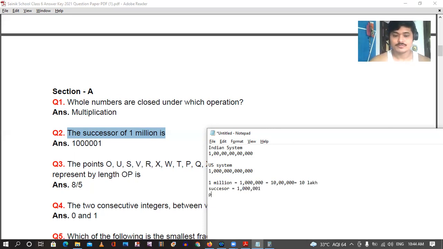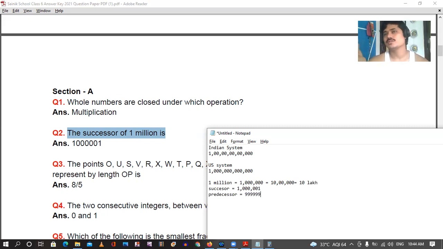If I have to write the predecessor, this is a 7-digit number, and from 1 million I have to subtract 1, so 6 nines will be there. This is the predecessor, and 10 lakh 1 or 1,000,001 will be the successor. Successor means which comes after. Predecessor means which comes before.